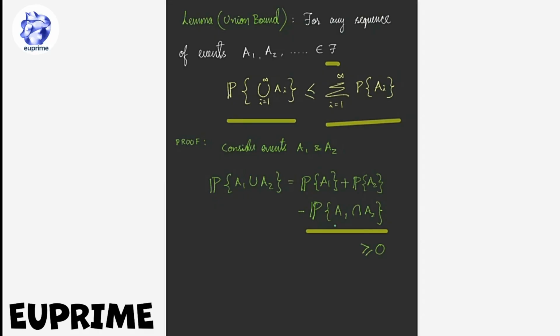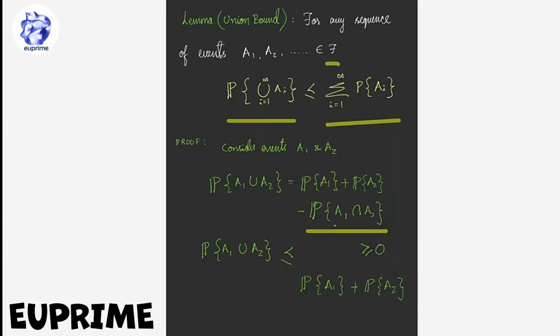Given this, you can clearly write it like this: the probability of A1 union A2 is upper bounded by the sum of the individual probabilities. So we proved this for two events, two sets.